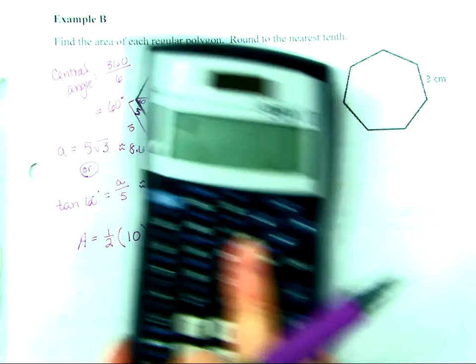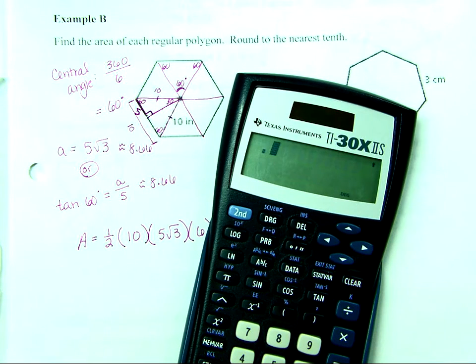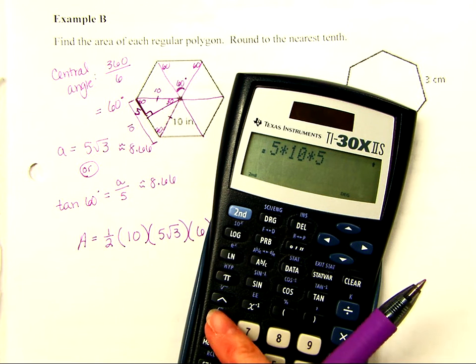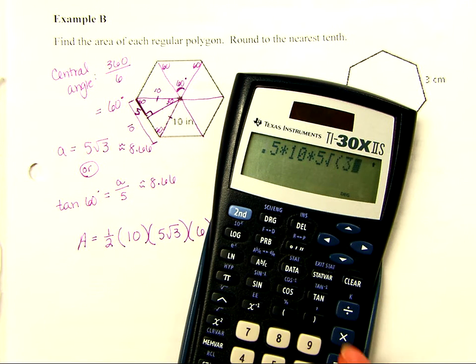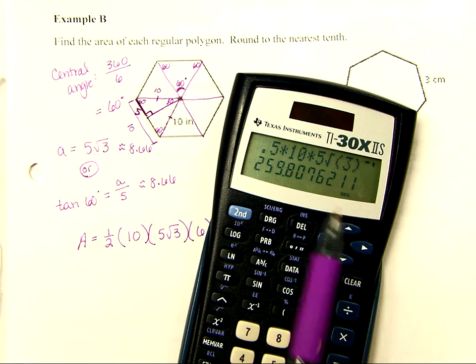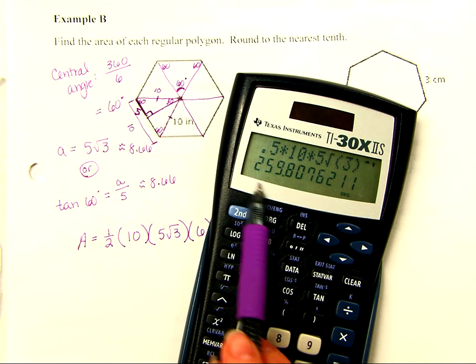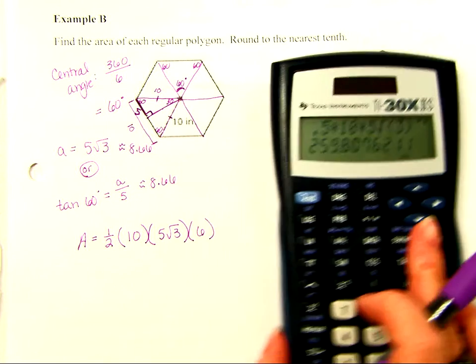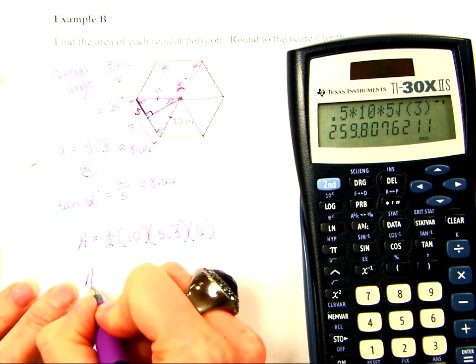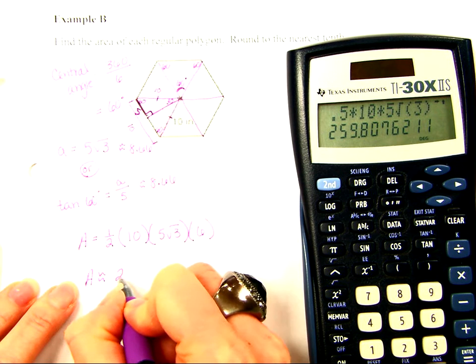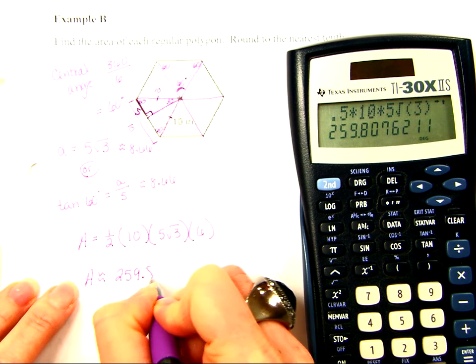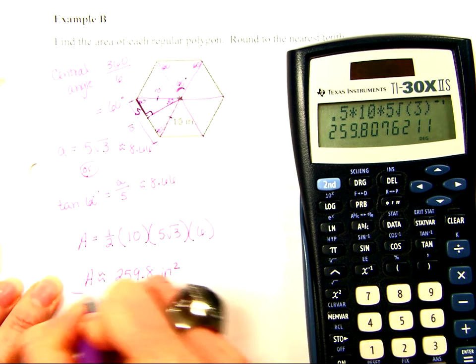You just have to be careful that when you enter the 5 root 3, you must make sure to close off that parenthesis so that you can get the accurate answer. In the end, we're going to find that it's about 259.8. What does that mean? Well, the area of my hexagon is about 259.8 square inches.